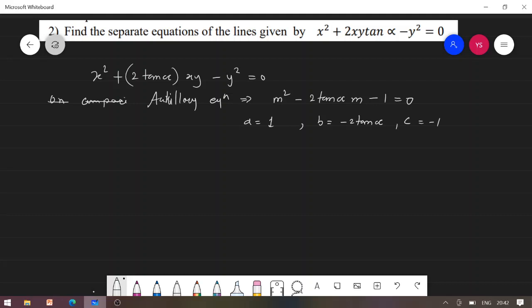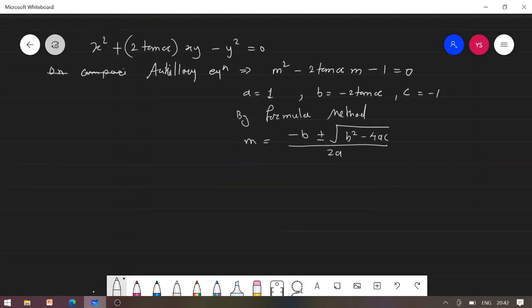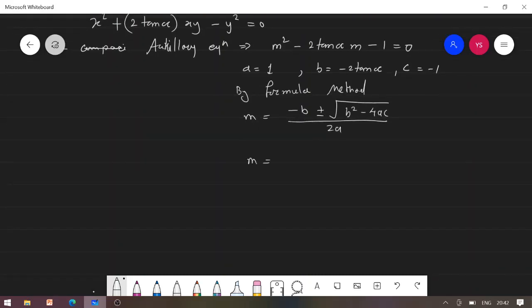Evaluate the roots of the quadratic equation by the formula method. m equals minus b plus or minus root of the discriminant, b squared minus 4ac, divided by 2a. Replace b, a, c by their values.